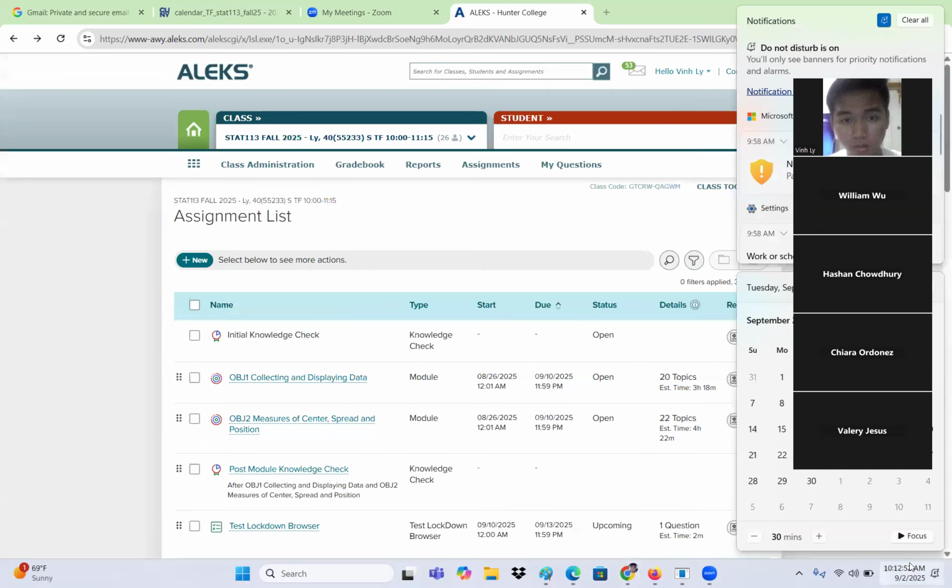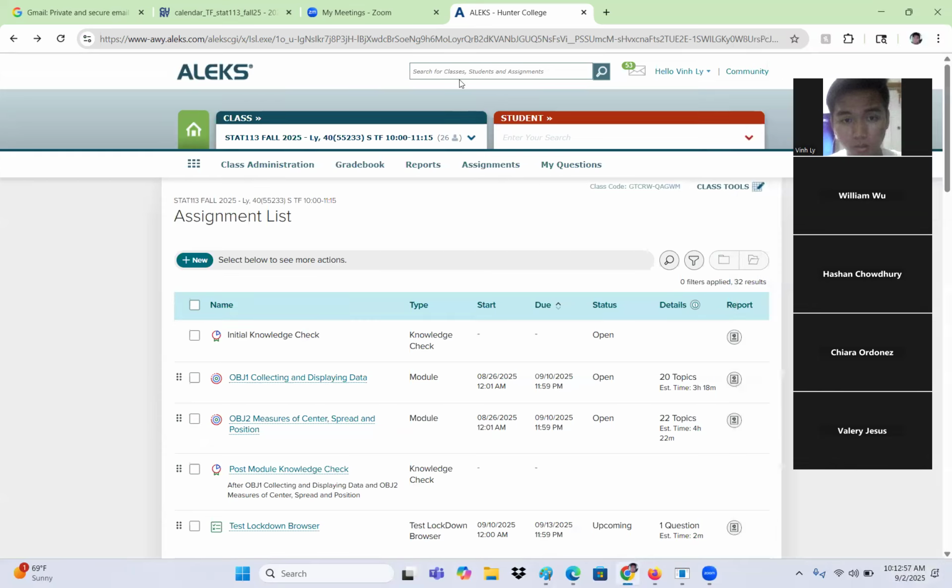But like I said, it's really important that you guys complete them on time, because if you don't complete them on time, you're not gonna get 100% on it, right? So it's really hard to get a good grade without completing all of these on time.